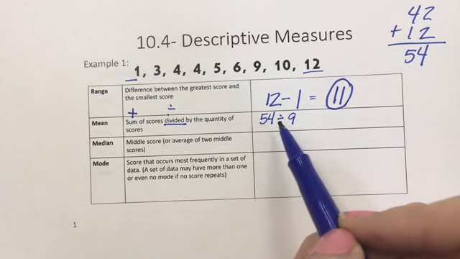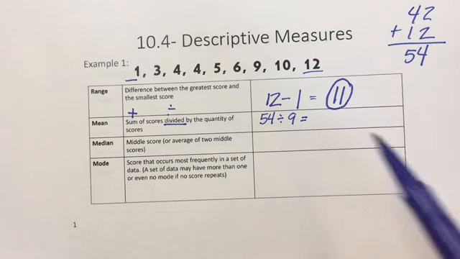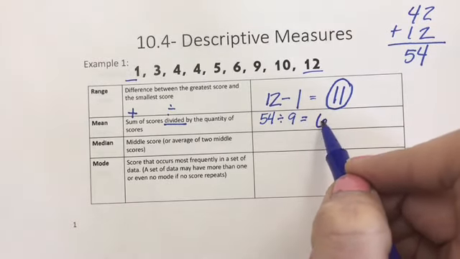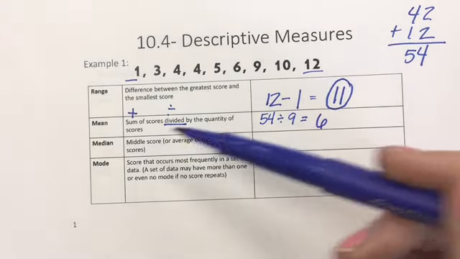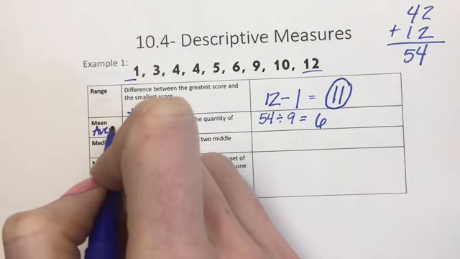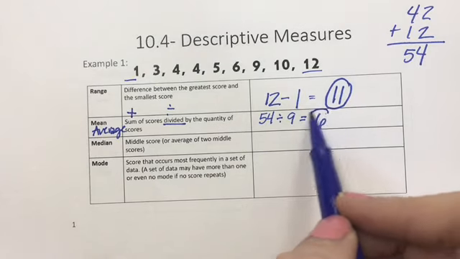So sum of scores divided by the quantity or number of scores, 54 divided by 9, and we get what? We should get 6. So the mean, and sometimes we use the word average. The mean or the average is 6.